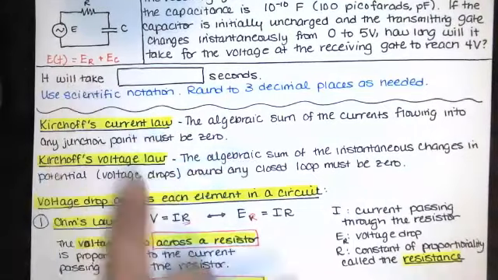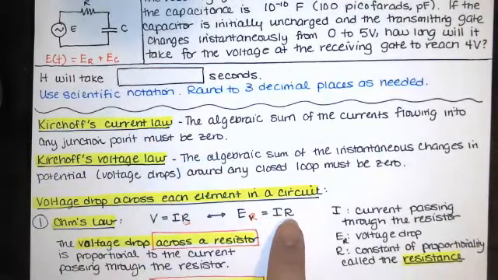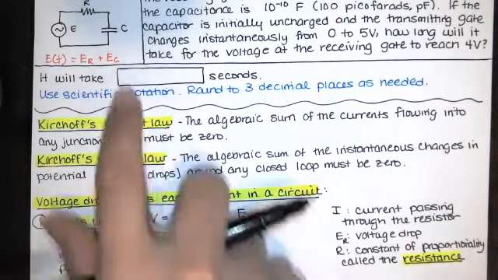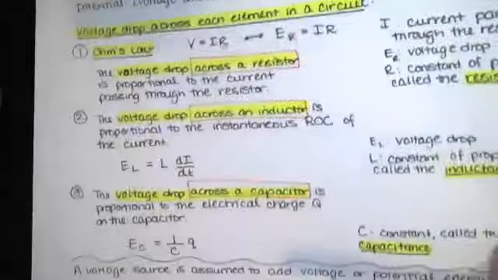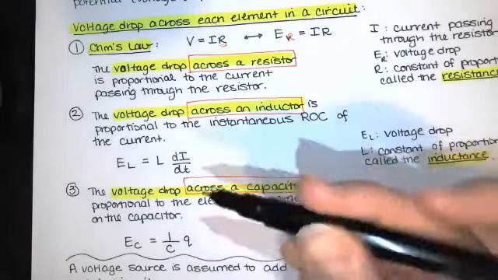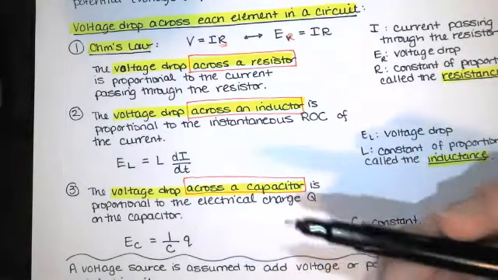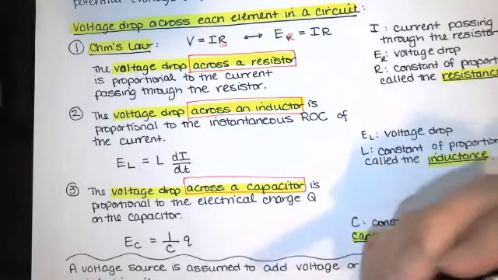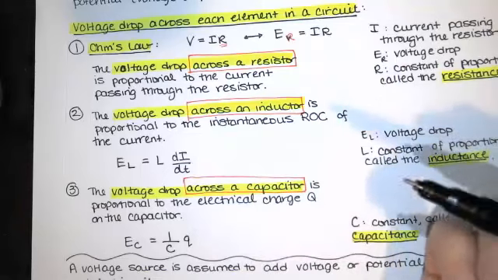The voltage drop across the resistor is given by I times R, where I is the current. And the voltage drop across the capacitor is this Q times 1 over C. Now, one other thing that you should know is that if Q is the charge on the capacitor, current is the instantaneous rate of change of that charge with respect to time. So if we're looking at how the charge changes on the capacitor with respect to time, if we take its derivative with respect to time, that's giving us current.